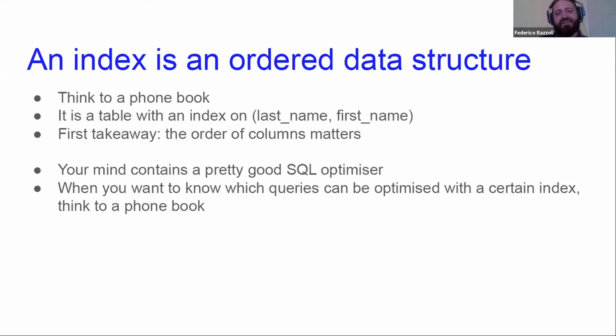Well, I will show you some queries, and we will decide together. Well, actually, I will tell you, but you are able to interact with the chat, and we will reason to see if those queries on the phone book table can actually use an index.